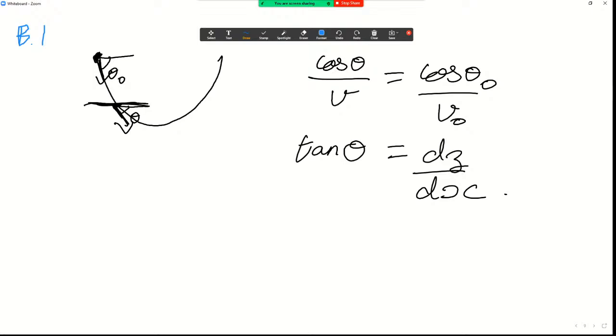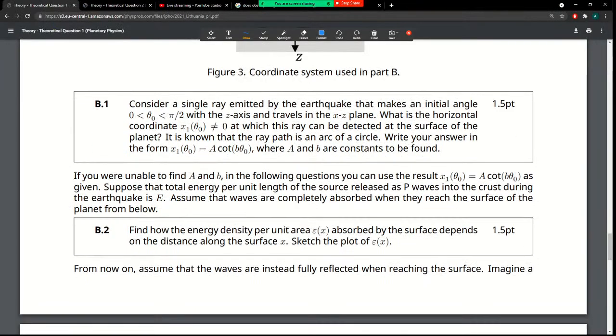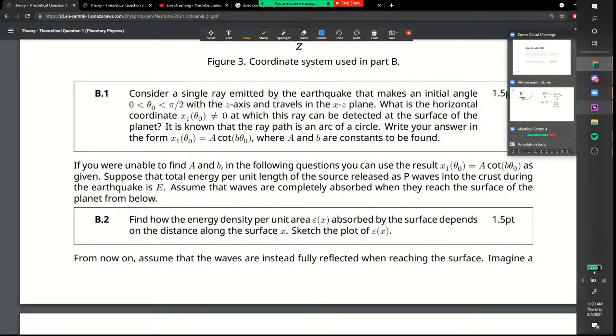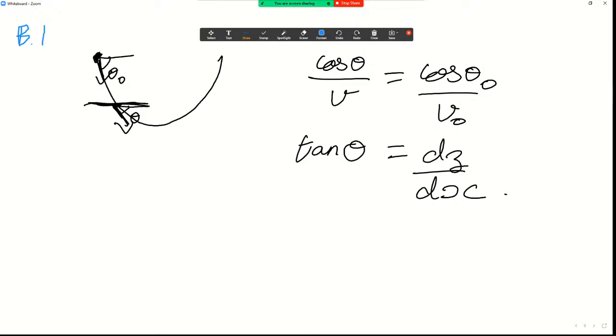So we can differentiate this to get cos theta sin theta d theta equals, and we can substitute this as 1 plus z by z naught.